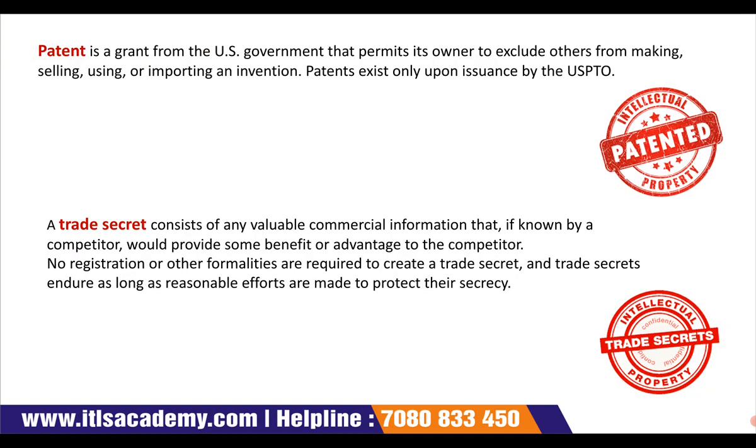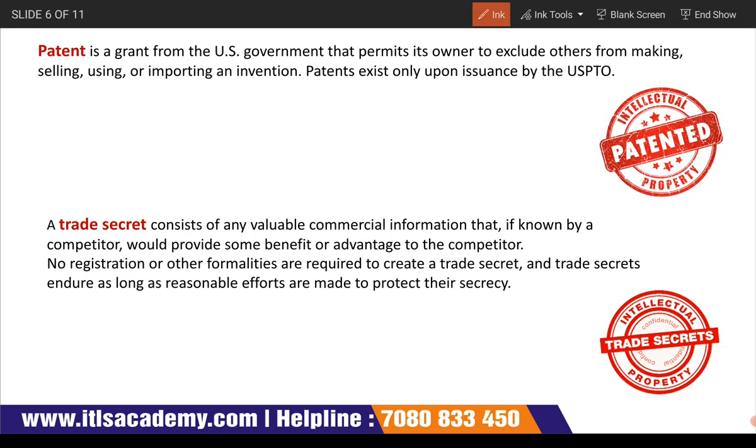So a patent is a grant from the US government, meaning they permit or allow the owner of that creation to exclude others from making or selling their product. A patent is a legal right given by the government authority, meaning any patent officer, to the inventor.